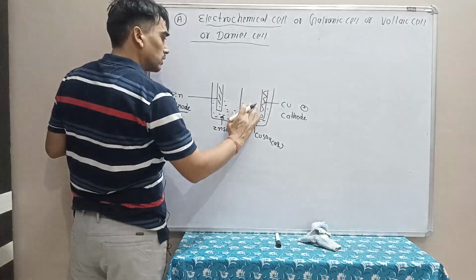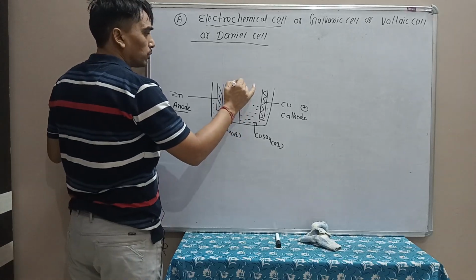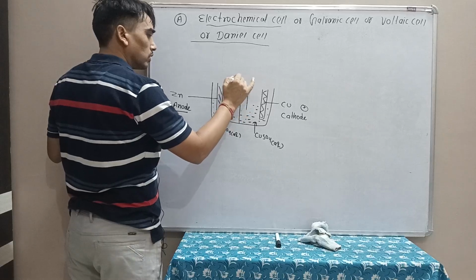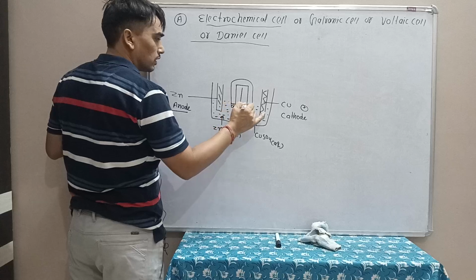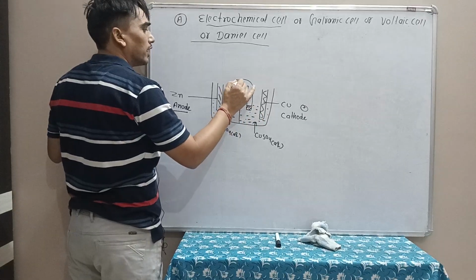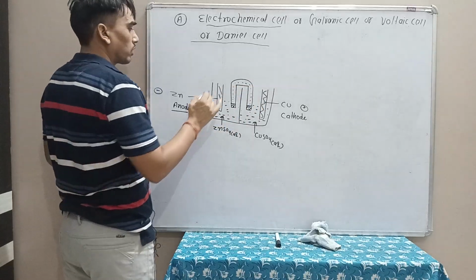Dear students, there is a U-shaped glass tube placed inverted, with cotton plugs, and an inert electrolyte is filled in this U-shaped tube.